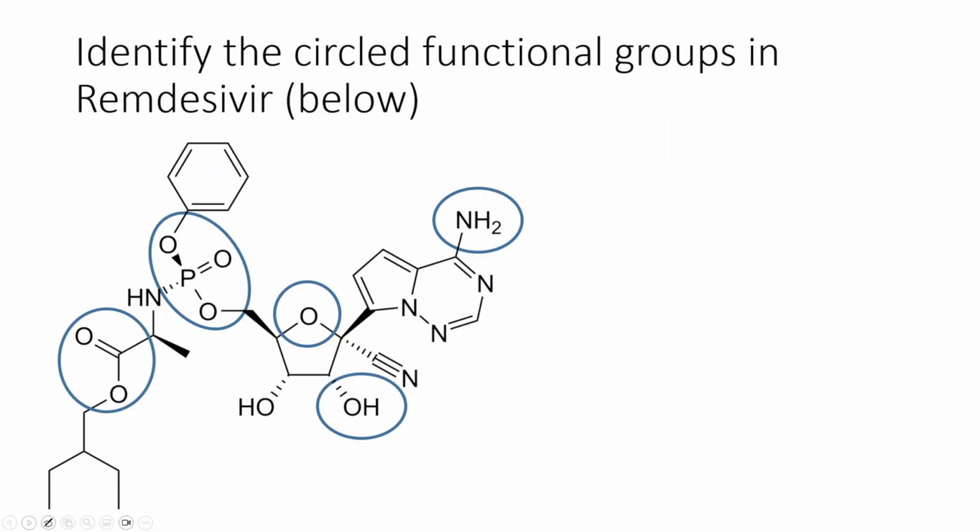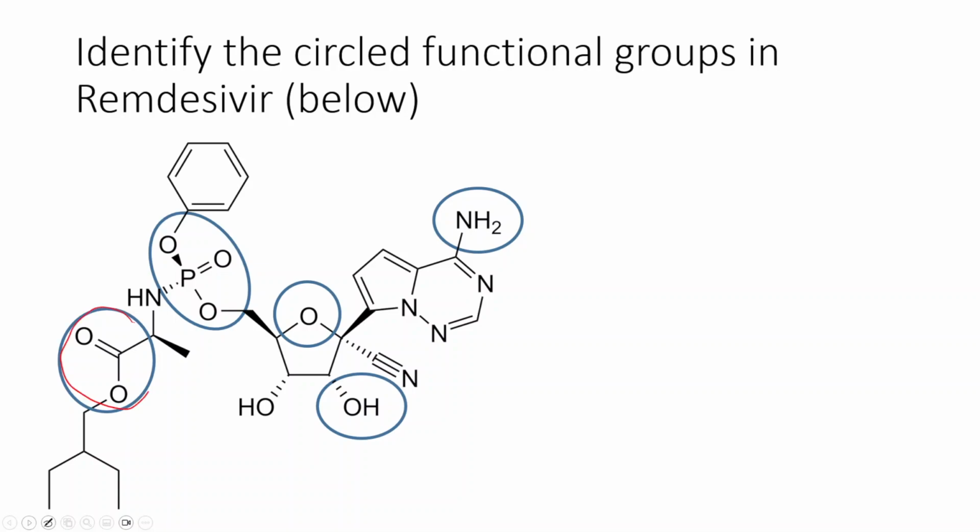So now we're going to look at remdesivir, which may or may not sound familiar. It's an antiviral drug that people were hopeful would be useful against COVID-19. It turns out it's not super effective, but it is effective against a number of other viruses. For this question, I'm going to ask if anybody can identify the functional groups.